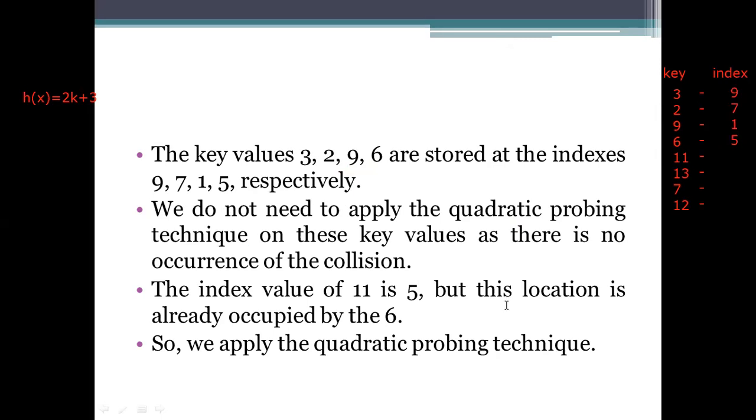Now we need to calculate for the next 4 elements we are having, that is 11, 13, 7 and 12. Now see what elements we are having in the remaining ones. If you see this one, 2k plus 3.